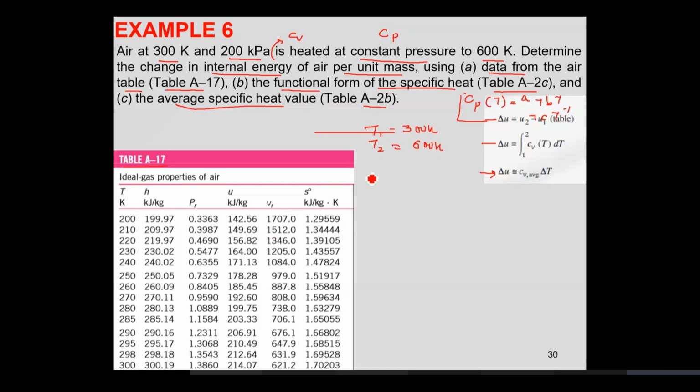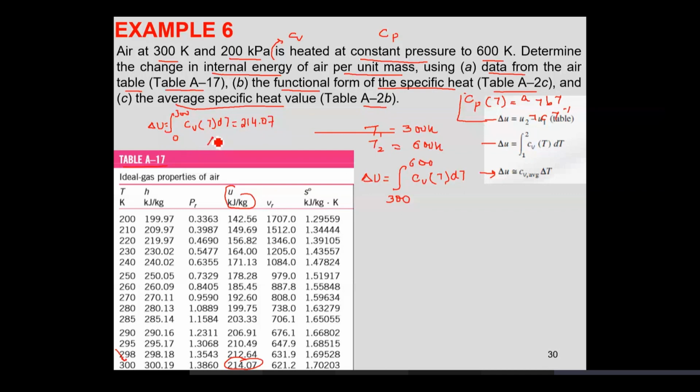So if I have to integrate to find del U from 300 Kelvin to 600 Kelvin, Cv dT, I essentially know from this table that for the value 300, the U value, delta U from 0 to 300 of Cv dT, is essentially equal to the U column value against the specific temperature 300, which is 214.07, whatever the units. Clear enough? Is this point clear?